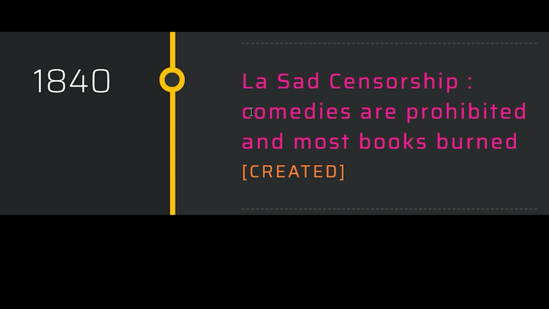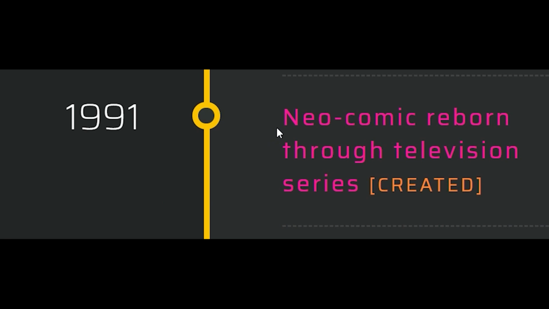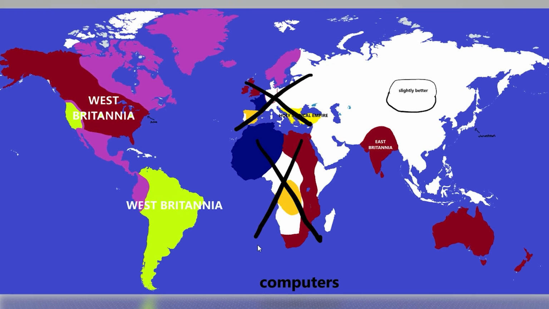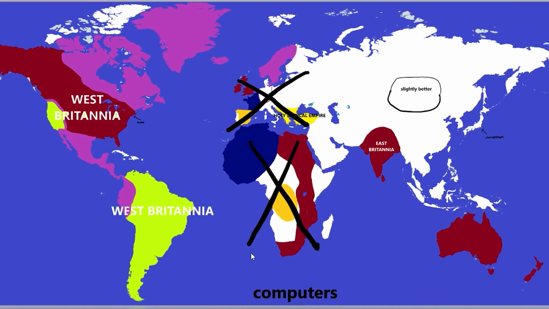Comedies are prohibited and most books are burned. What are we doing? It's 1840. In 1991, Neo-Comic reborn through television series. So we have a world where the internet was discovered faster, but it wasn't funny. There was no memes, or at least the memes were really trash. First laughter from the Neo-Comic series, and then 2003 internal, whoa, what the hell? Honestly though, this world looks like there wouldn't be much laughter anyways, so I think we picked the right choice.